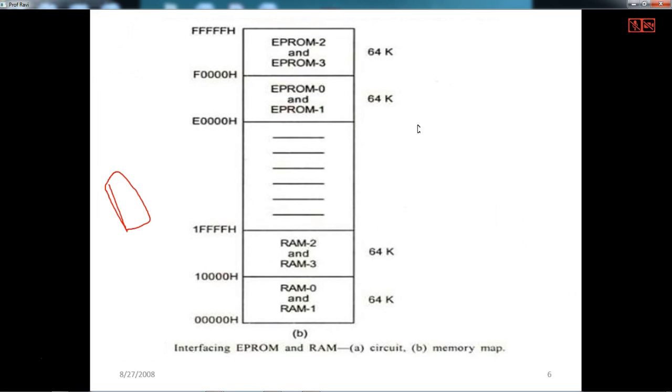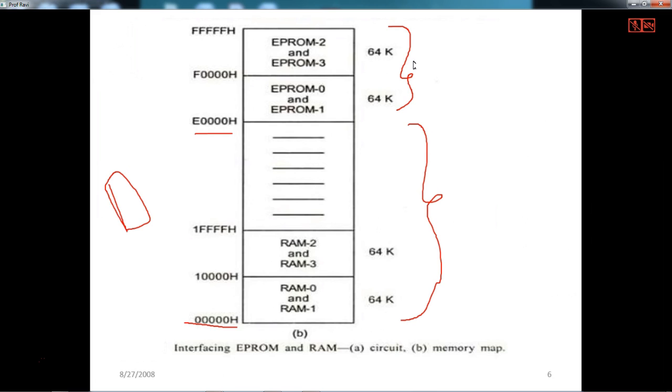So your RAMs should be given addresses starting from 00000 up to E0000, then E0000 to EFFFF, which is 64K, and F0000 to FFFFF is given to EEPROM connection.